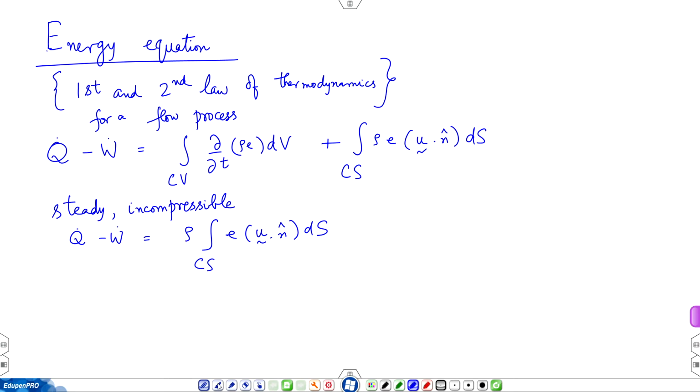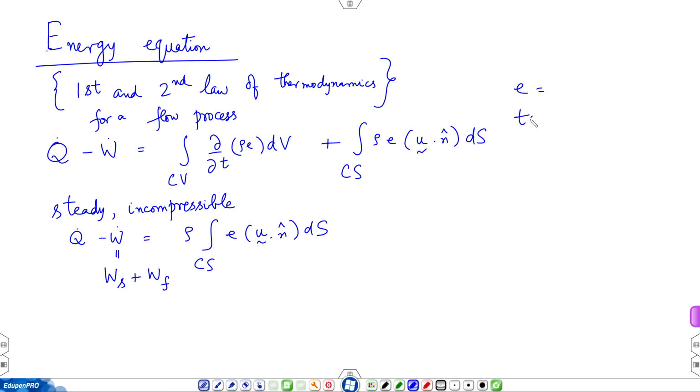Similarly, the word compressor also implies generally a gaseous medium. So, this W is equal to W s plus W f, and okay, what was E?